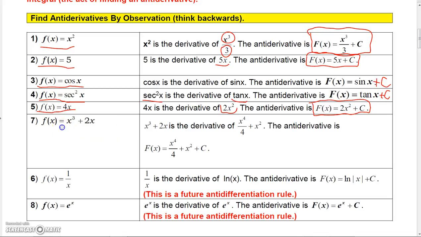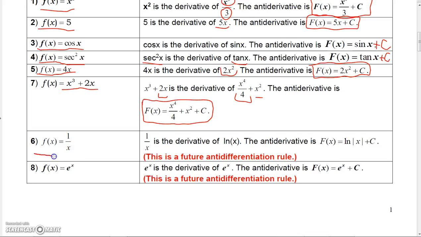Now, they get a little more difficult at this stage, but now I'm putting the x cubed and the 2x that we did earlier together. When you know that x cubed is the derivative of x to the 4th over 4, and you know that 2x is the derivative of x squared, so x to the 4th over 4 plus x squared plus a constant would be the antiderivative of the function x cubed plus 2x.